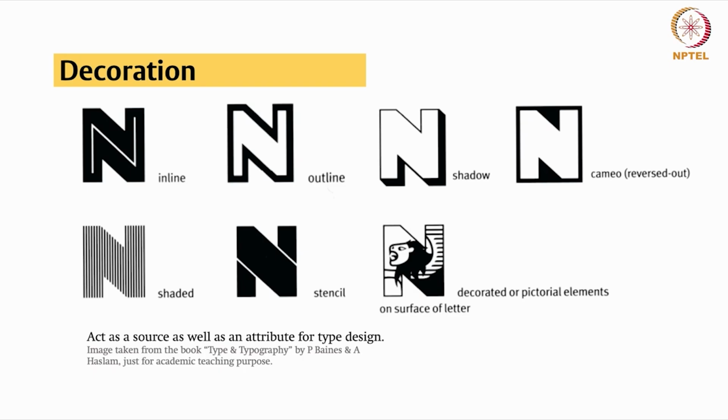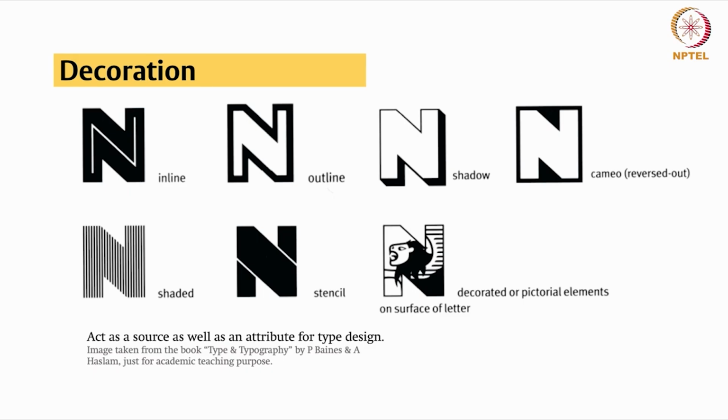Similarly, in the third example shadow has been used, in the fourth example a reverse approach has been taken, and in the last example an icon has been used, which is a juxtaposition of letter with image. Type designers use these treatments to bring out emotions and to make letters work well with the individual project or requirement.